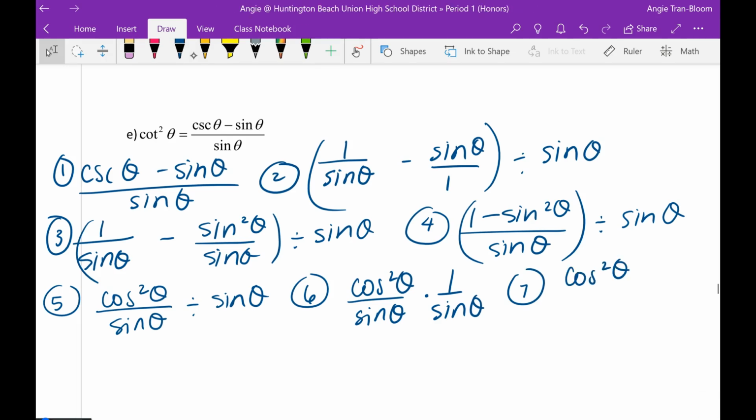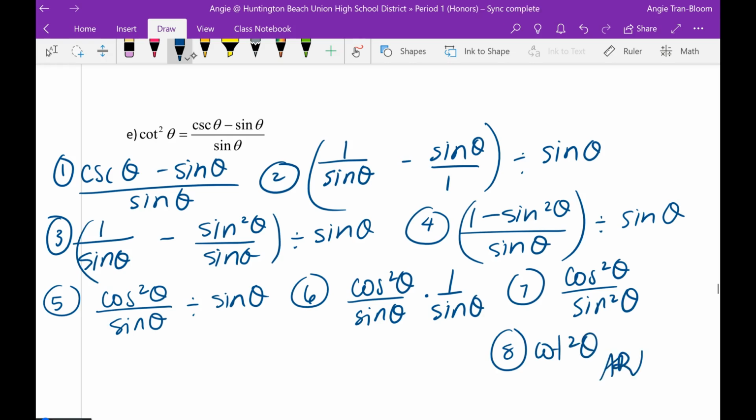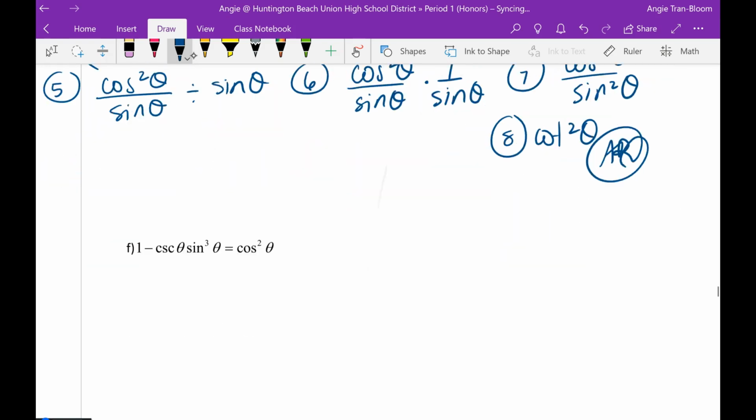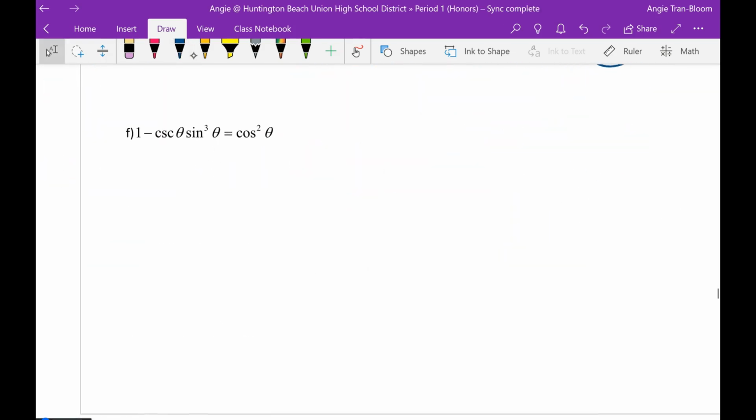Okay, so the cosine squared over sine squared, which will lead you to? Yay, good job, Noelle. Excellent, nicely done. Any questions for Noelle there? Pretty sure you got that one. You guys are awesome. All right. F. There you go.